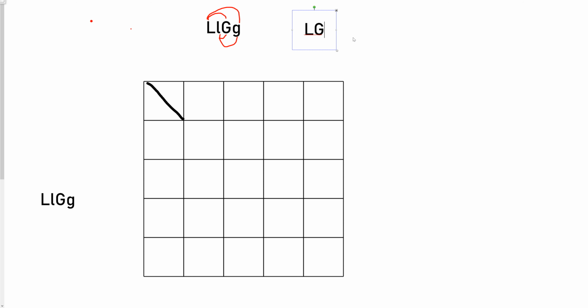One way of doing that is to have a big L and a big G. That's the first part in FOIL. Then we do outside, which would be big L, little g. Then we do inside, little L, big G. And then we do little L, little g. So those are the four possible genotypes for the gametes. I'll write them in here.